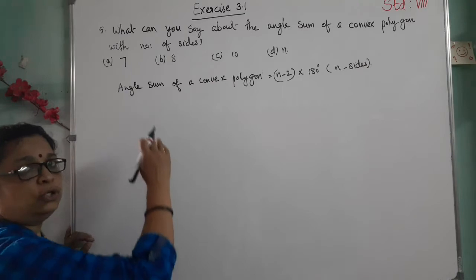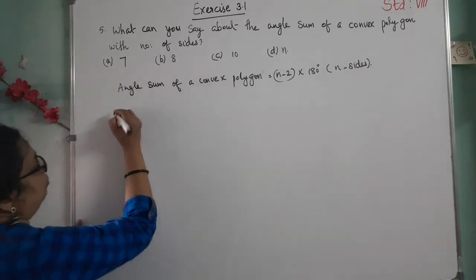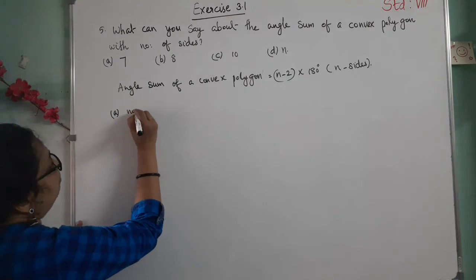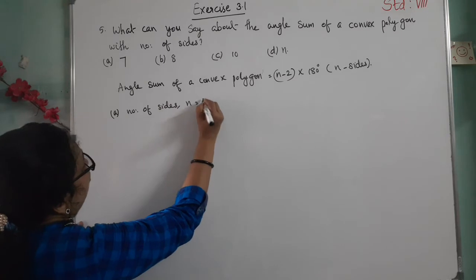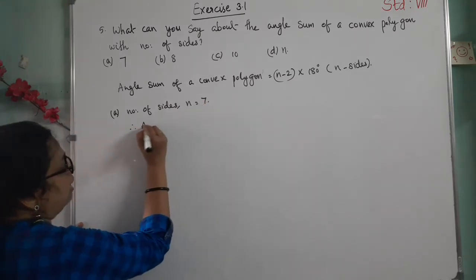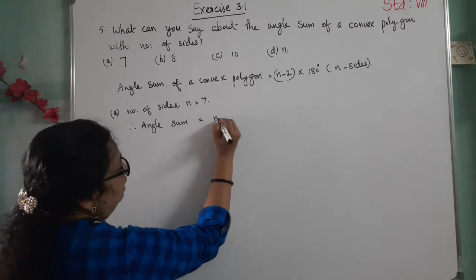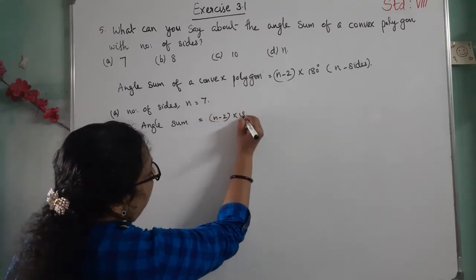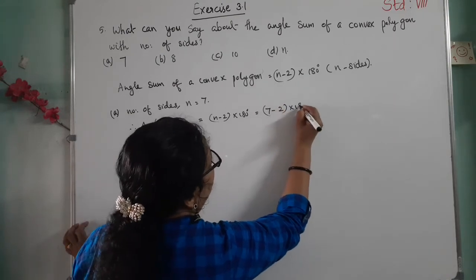So using this equation we can find out the angle sum of these polygons. First one, number of sides is given, that is n equal to 7. Therefore angle sum equal to (n minus 2) into 180 degrees, that equals (7 minus 2) into 180 degrees.